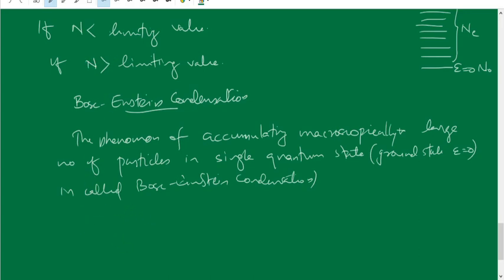Therefore the number of particles in the ground state is, when N is greater than the limiting value, the remaining particles n0 equal to N minus V divided by lambda cube zeta of 3 divided by 2, okay.